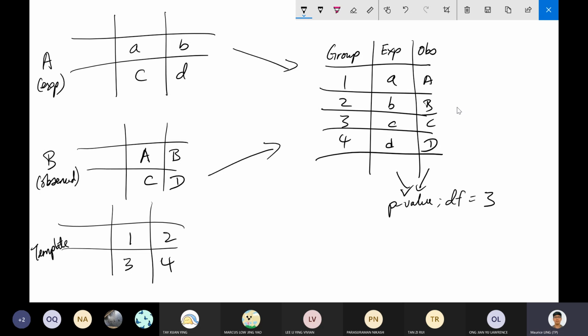But remember, for a 2 by 2 contingency table, your degrees of freedom is m minus 1 times n minus 1. So essentially, for degrees of freedom, you should use 1 instead of 3. That's the only difference.